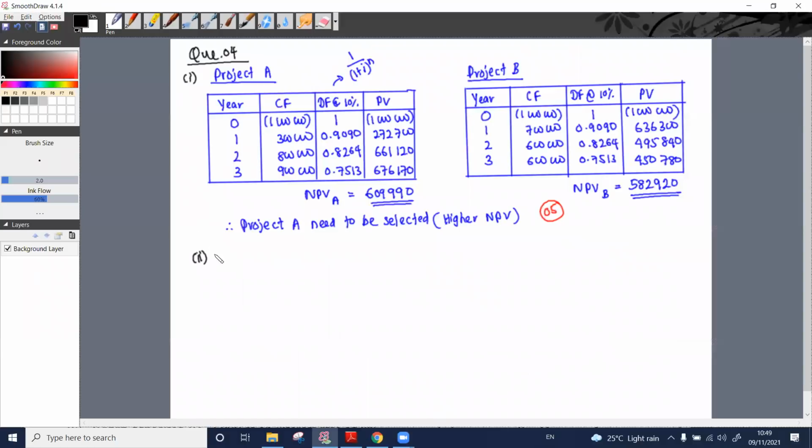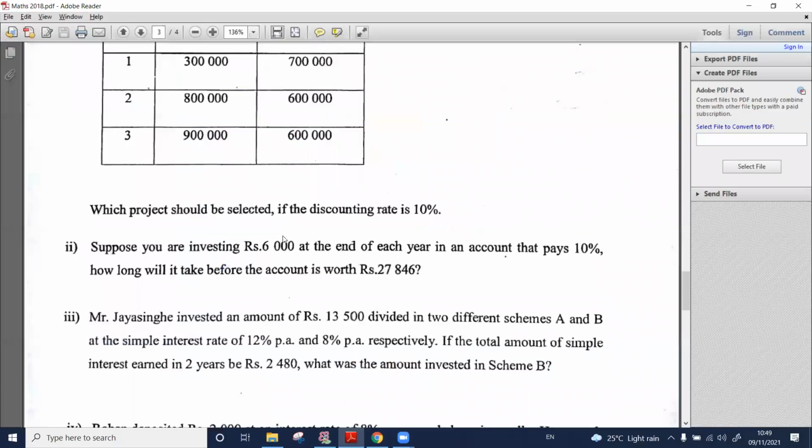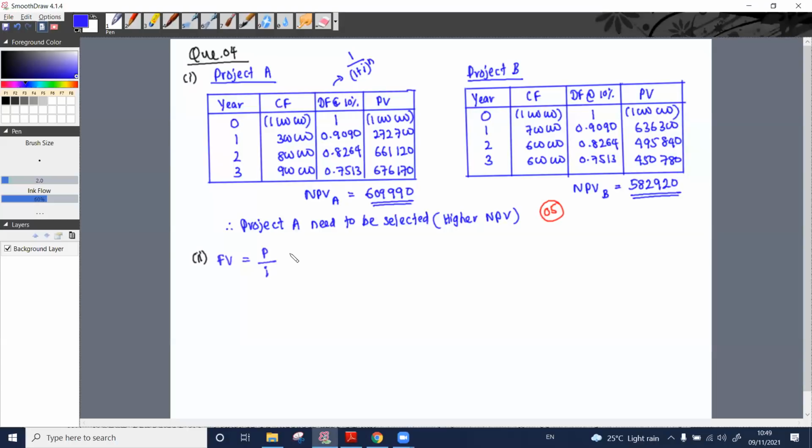So how can we find that? Periodical payment over I. Do we need to have any adjustment for I? No, no need. It is getting compounded only once a year.